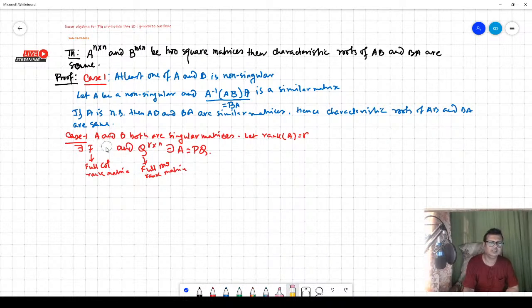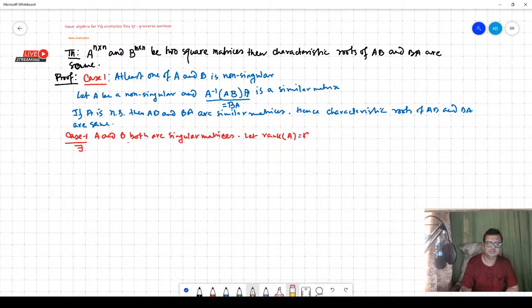Then there exist two non-singular matrices P and Q, of order n cross n, such that PAQ equals [I_r 0; 0 0].